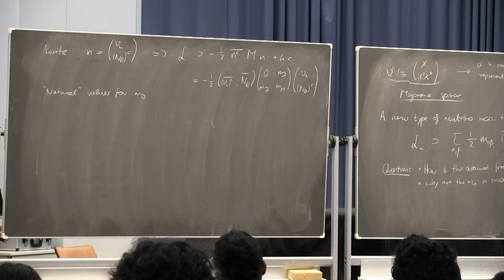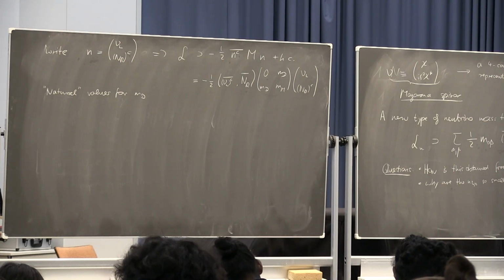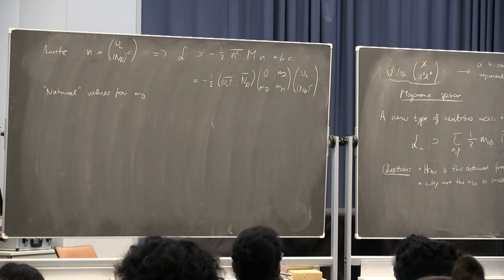So based on this, we can guesstimate that a natural value for the Yukawa coupling is somewhere between the electron Yukawa and the top Yukawa. And because theoretical physicists like to set all dimensionless numbers to 1, let's assume that the natural scale here is that of the top Yukawa, which puts MD at roughly the electroweak scale.